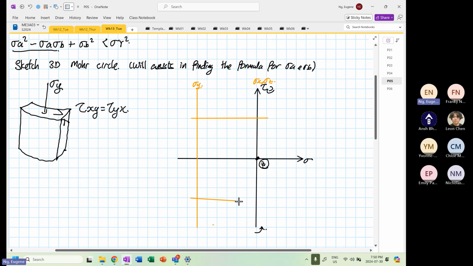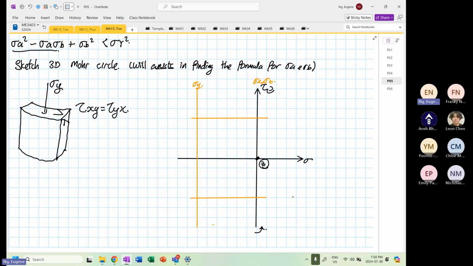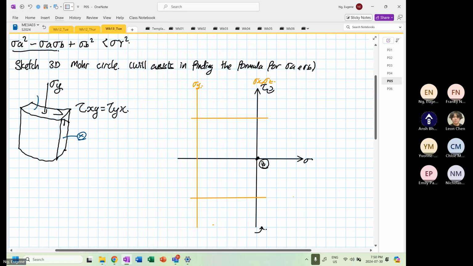You realize that we apply a lot of 2D Mohr's circle theory, then we go into 3D, so easy, right? So if I label them now, this is our point X, point Y, point Z. So we know that over here, this is our point Y, element rotate clockwise.